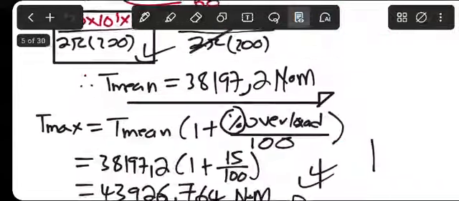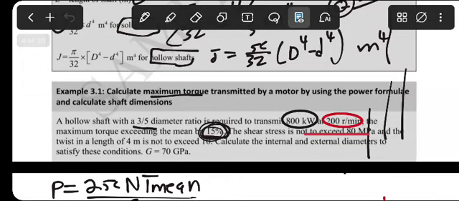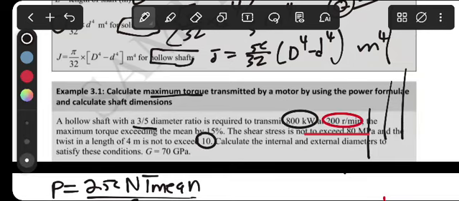Okay, here it is, we are given the twist, 10.